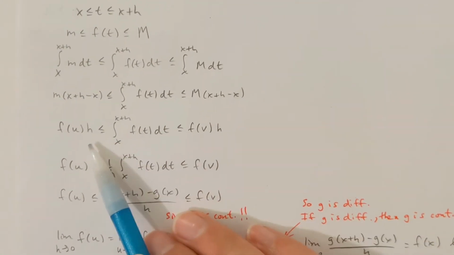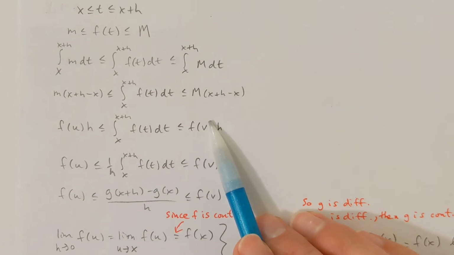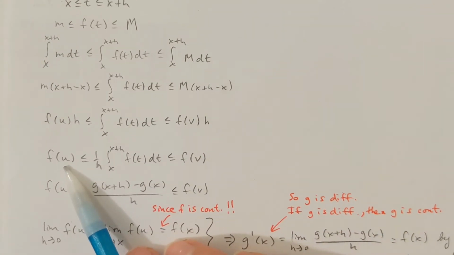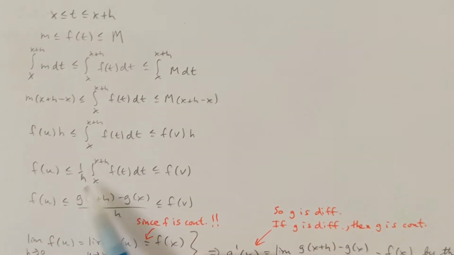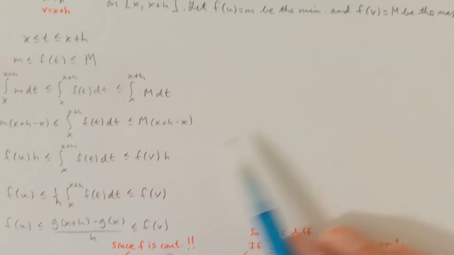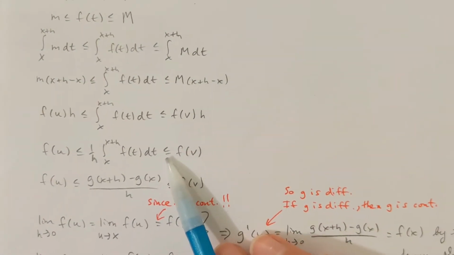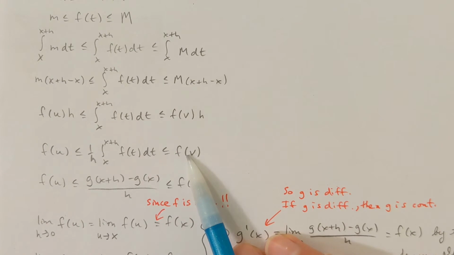Okay? Now the next thing I'm going to do is divide throughout these three parts by h. So I've got f of u less than or equal to 1 over h times the integral going from x to x plus h of f of t dt, that is this guy right here, okay? And that is less than or equal to f of v.